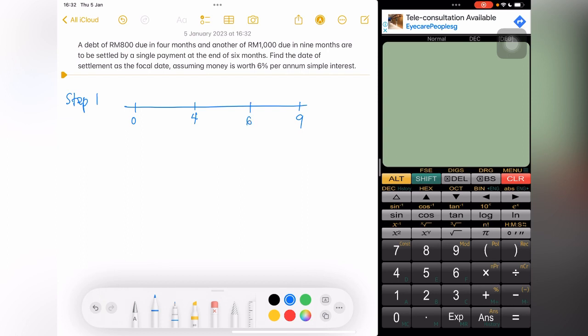Bulan keempat dia cakap dalam soalan adalah RM800. Bulan yang ke-9 dia bayar RM1000. Lepas tu bulan yang ke-6 dia bayar tapi tak tahu berapa jumlah. So kita assume as X, iaitu unknown amount.